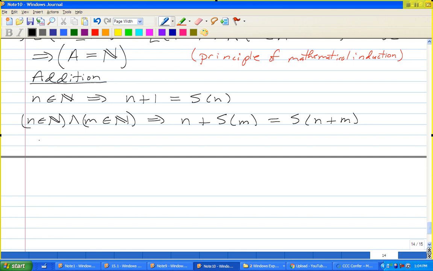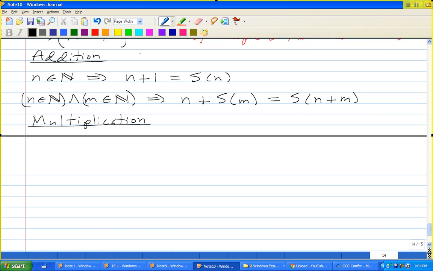Next, let me define multiplication. Maybe I'll give you these definitions first, and then I'll give you an example. It's very similar to the definition of addition. If n is a natural number, then n times 1, I'll define that as n.